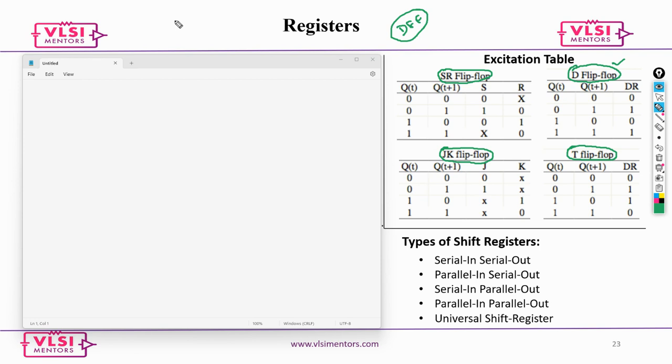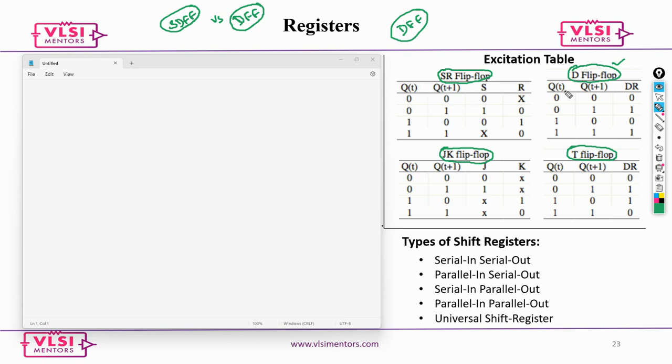So your homework: what is SDFF? SDFF versus DFF. Try to find what the difference is, in terms of circuit, area, size, and everything.